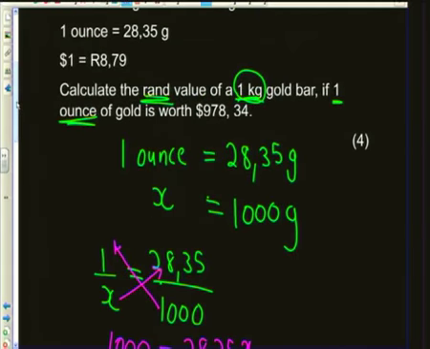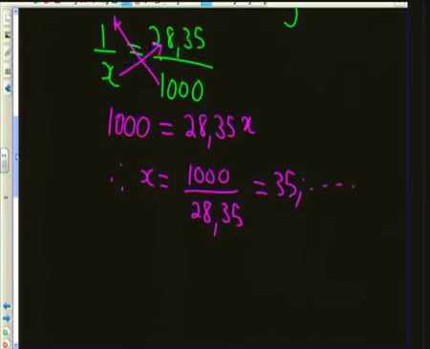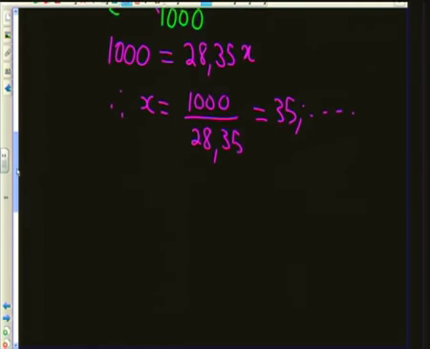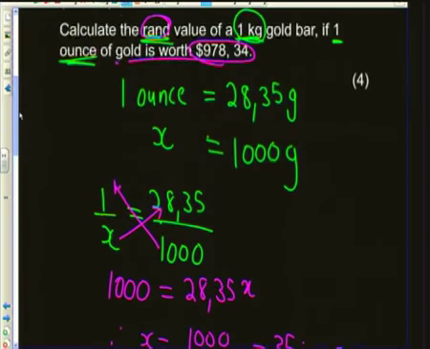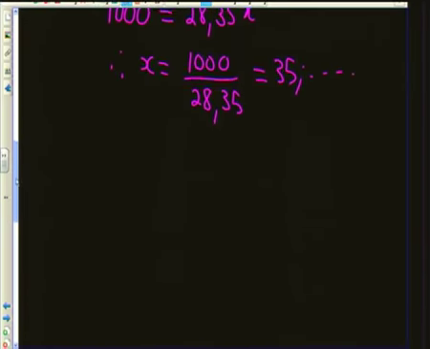You go back, the rand value of a 1 kilogram gold bar, if 1 ounce of gold is $978.34. Now let's work it out quickly. So we've got that 35 point something times, now watch guys, let's just work it out quickly here.